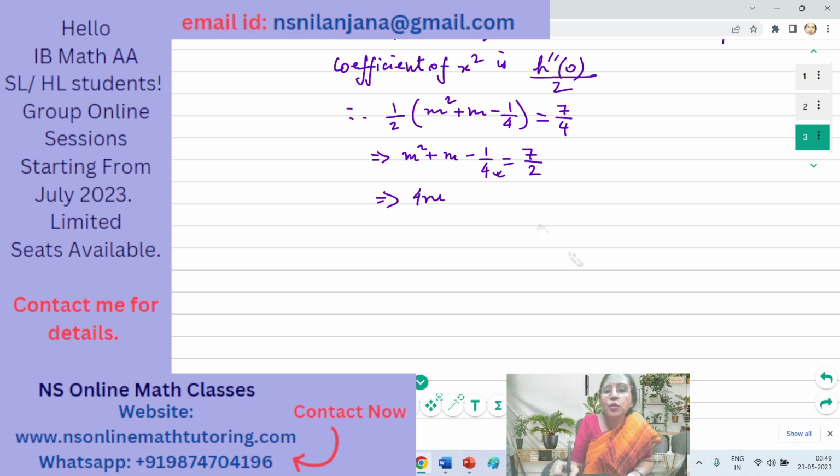So it is 4m squared plus 4m minus 1 is equal to 14. This is equal to 4m squared plus 4m minus 1 minus 14 is minus 15 equal to 0.